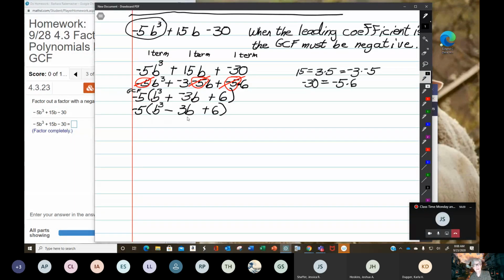This can't be factored under usual means, so we're just going to leave it the way it is. And so this is our answer. Here's the GCF, the greatest common factor. And here is what I call the leftovers. And there you go.